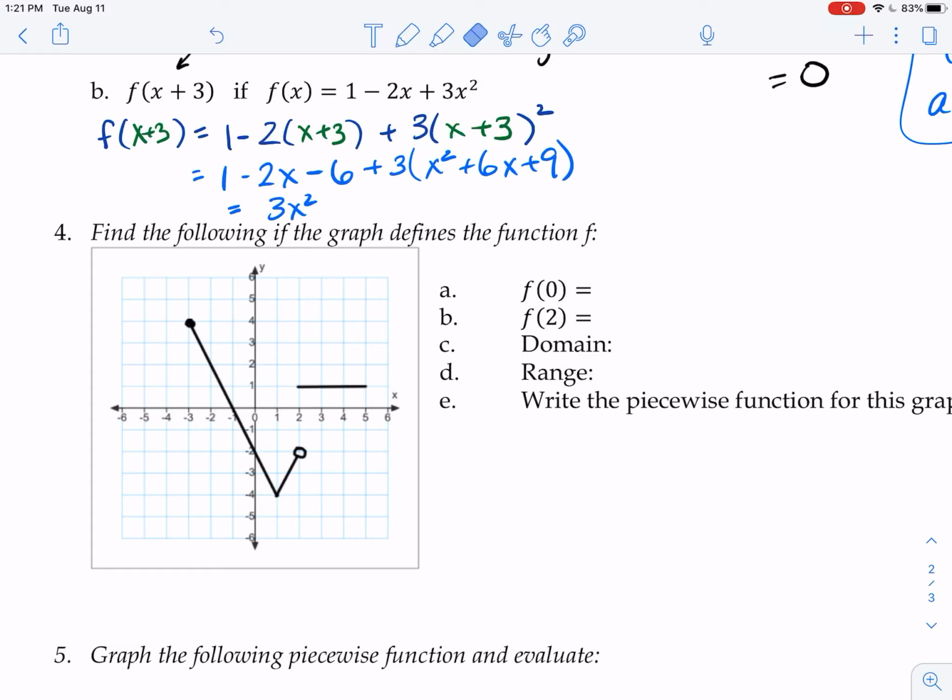So that's 18x minus 2 more is a positive 16x. And then I have 27 when I distribute the 3 to this 9 over here. And then 27 plus 1 is 28 minus 6, which is plus 22. So there is that value.